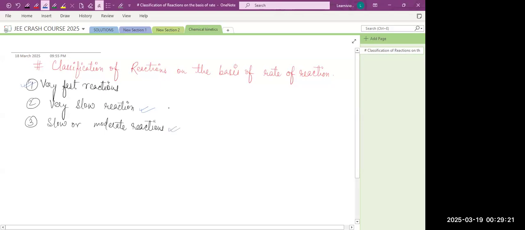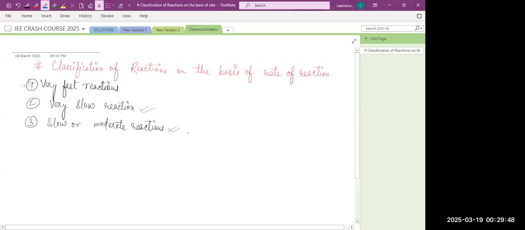Okay, the third one is slow or moderate type of reactions. This type of reactions are neither very fast nor very slow, right? These are reactions whose rates can be measured conveniently. We can conveniently measure the rate, and that's why they are called slow or moderate type of reaction.